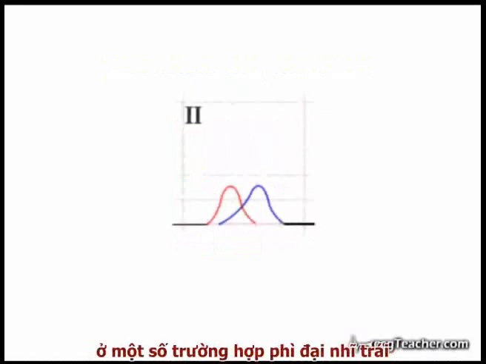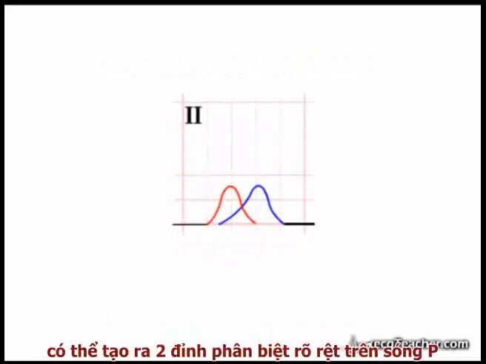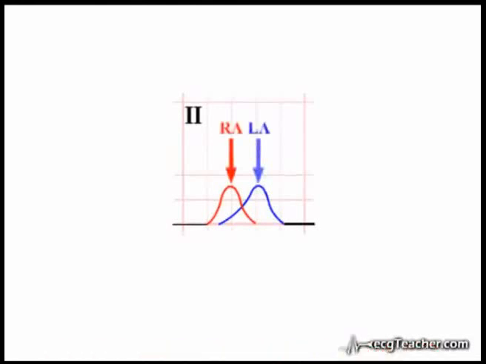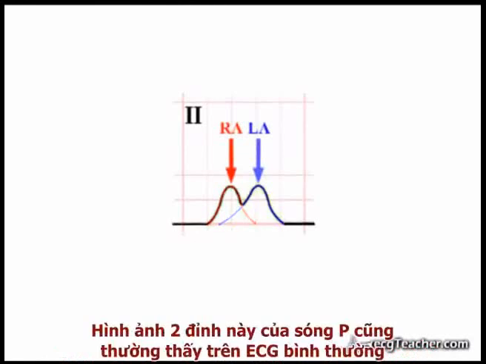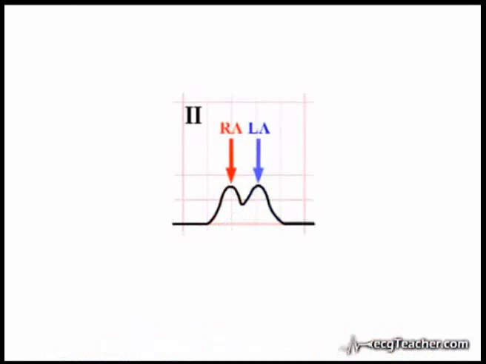In addition, in some cases of left atrial enlargement, increased asynchrony in the depolarization of the chambers may result in two readily identifiable separate peaks in the P wave due to right and left atrial depolarization. This notched morphology in P waves is commonly seen in normal ECGs. As we've seen, a degree of asynchrony between the two chambers is quite normal.